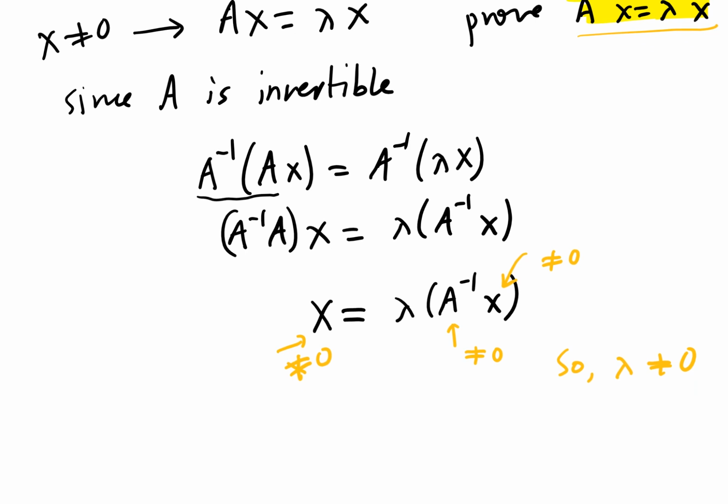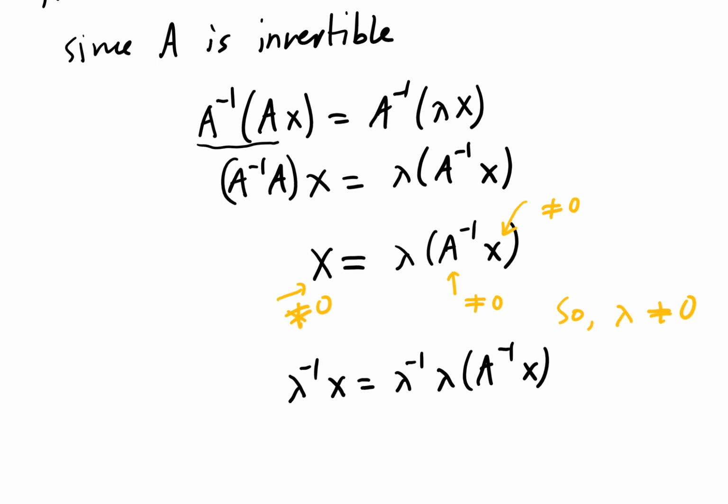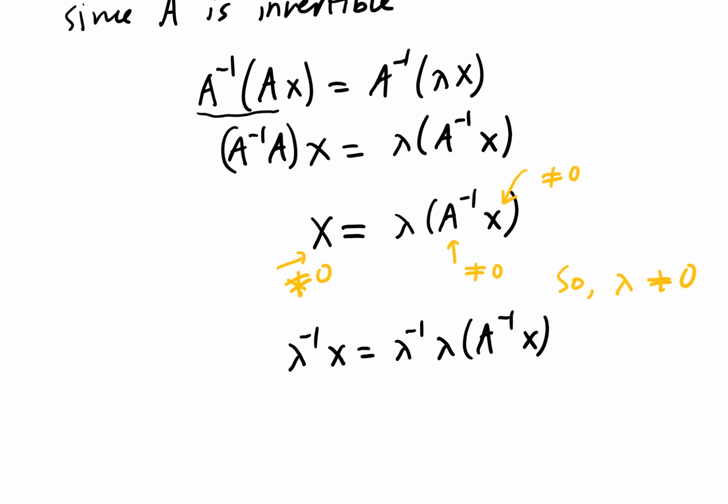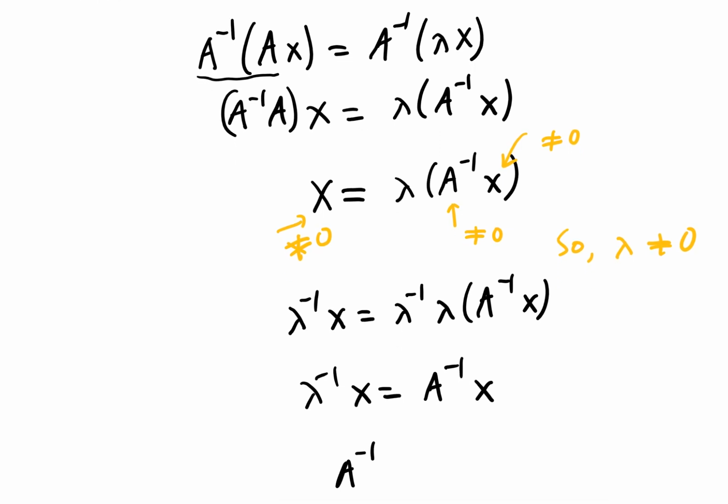Since it's not 0, we can multiply both sides by lambda inverse. Lambda inverse times lambda is just 1. So we get lambda inverse X equals A inverse X, which can be rewritten as A inverse X equals lambda inverse X. And that's what we are required to prove. Any questions about this?